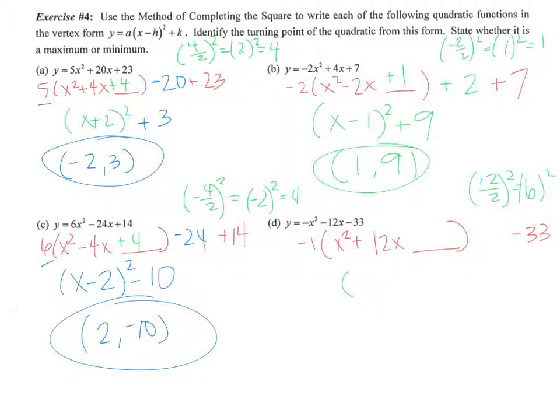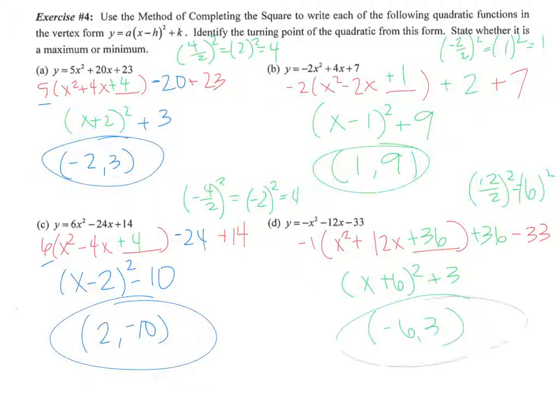So it's going to be (x plus 6) squared. But 6 squared is 36, so this becomes plus 36. Multiply 36 times -1 is -36. Do the opposite, which is another plus 36. So we have plus 3, and it is (-6, 3).